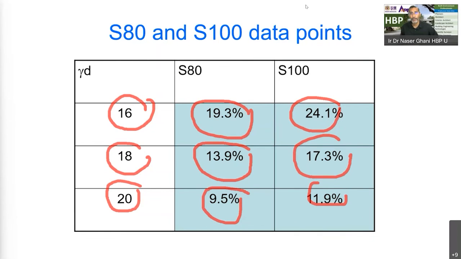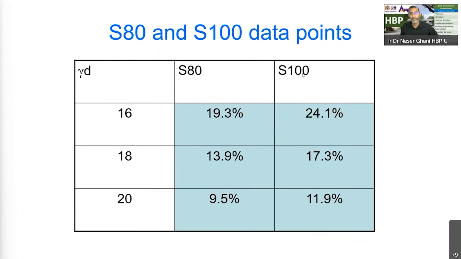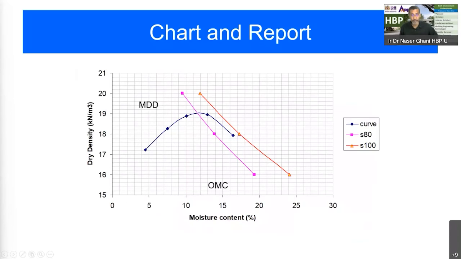Then we plot them together with this chart, right? So this one here we have got from the 5 tests just now. This is the 80% curve. This is 100% curve. Okay.